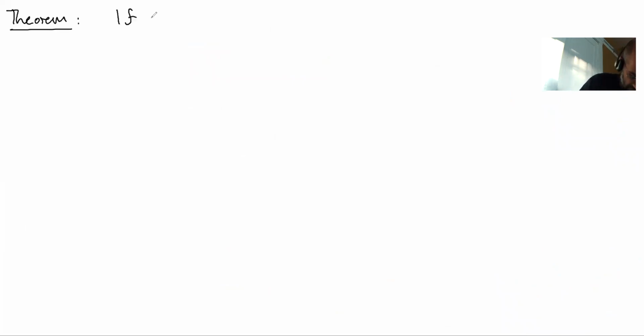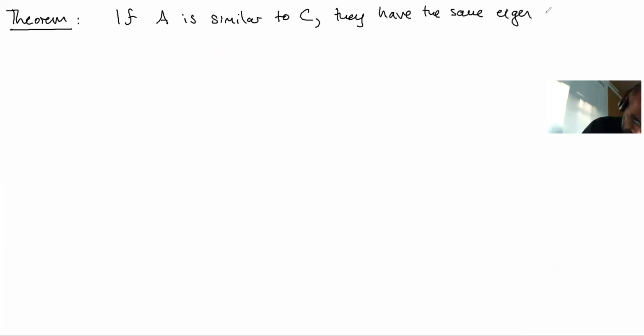If A is similar to C, then they have the same eigenvalues, with the same geometric and algebraic multiplicities.